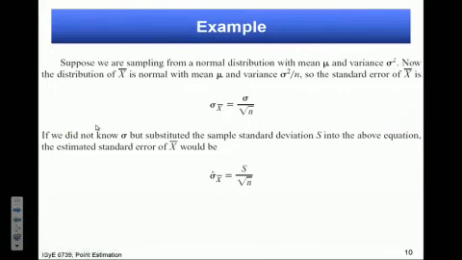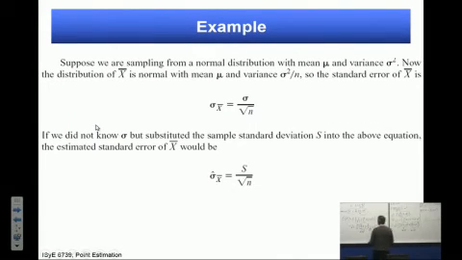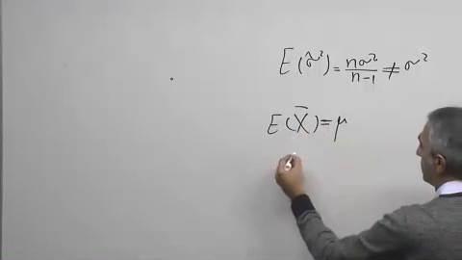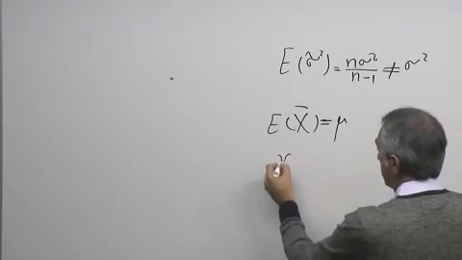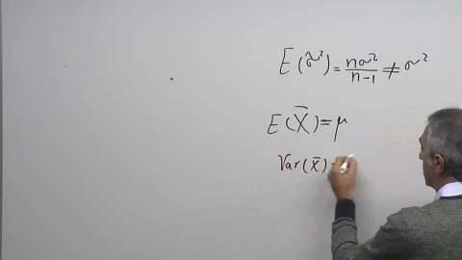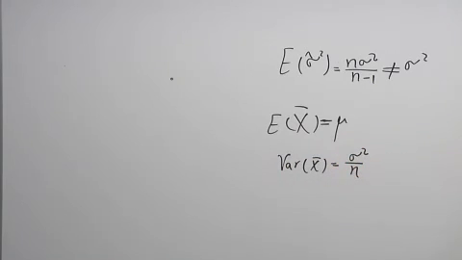One example: we know that X bar is an unbiased estimator for mu, and we know that the variance of X bar is sigma squared divided by n.